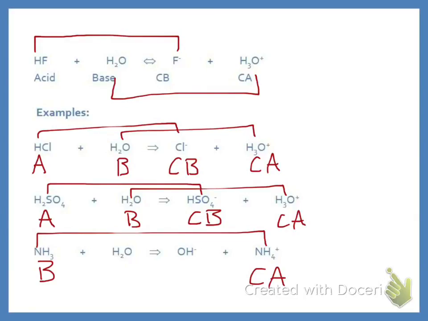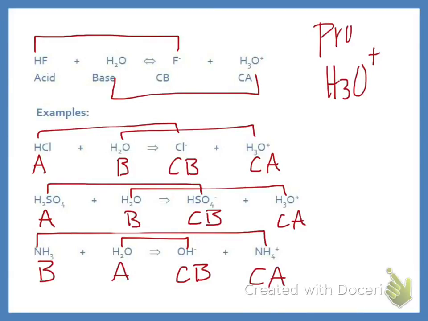The water did what? Water went from H2O to OH minus. So what did it do? It gave it away. So that makes it the acid. So that makes the hydroxide be the conjugate base. Okay? If you have H3O plus on the product side, it will always be the conjugate acid.